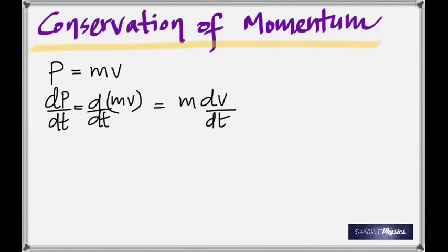Change in velocity over change in time. Acceleration. So we get Newton's second law of motion from the definition of momentum. We've already seen that net force is equal to mass times acceleration. So now we are saying dp by dt is mass times acceleration. So put them together.